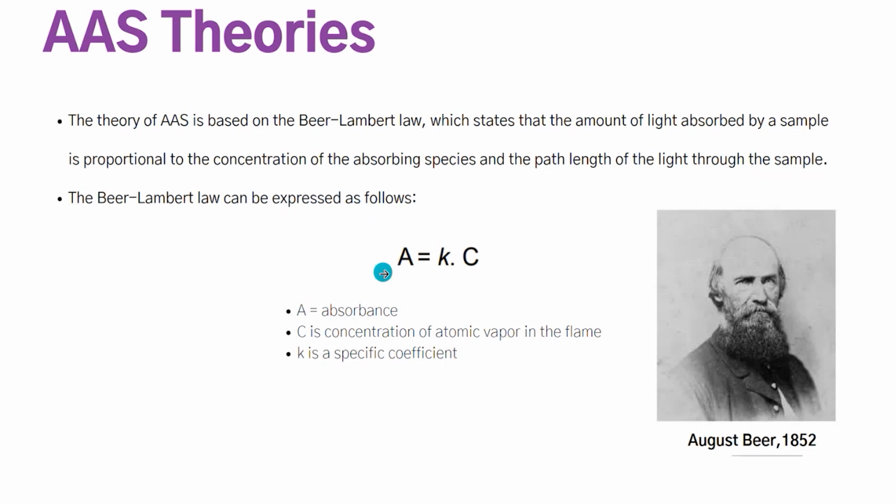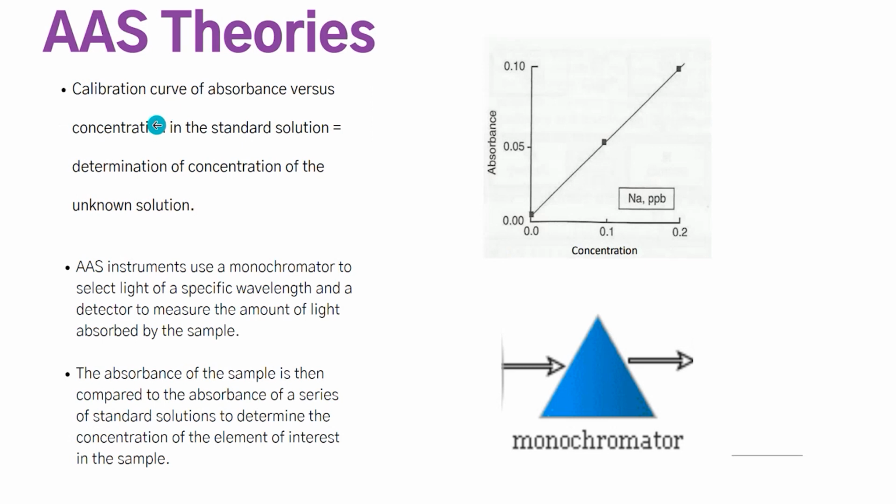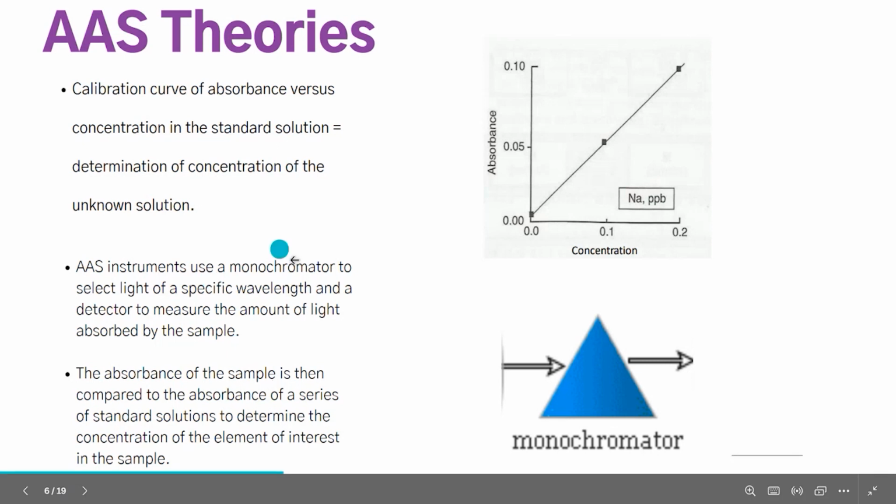So an expression can be developed here, which is the Beer-Lambert law, where A represents the absorbance, C is the concentration of atomic vapor in the flame, and K is a coefficient specific to the element to be absorbed. So from the calibration curve of absorbance versus the concentration in the standard solution, the concentration of a sample in the solution can be determined.